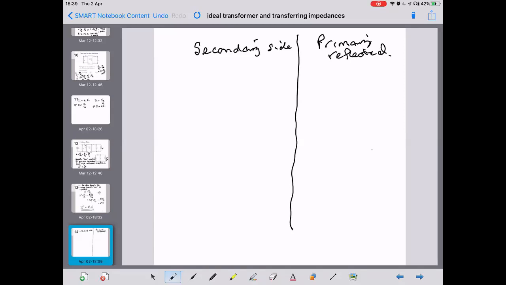So we have secondary side Z is equal to A squared times Z. We call that Z dash.